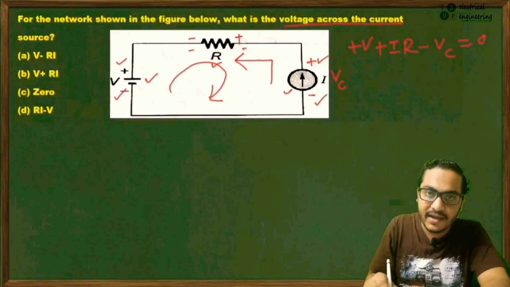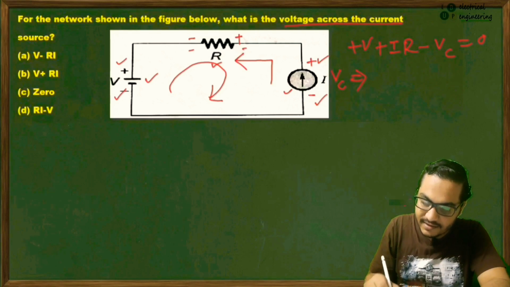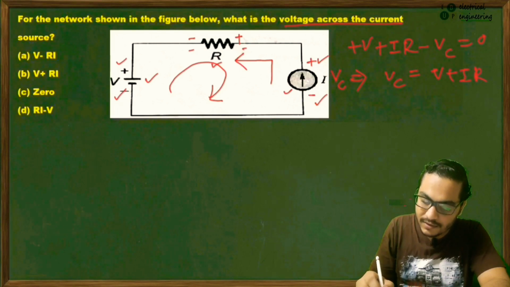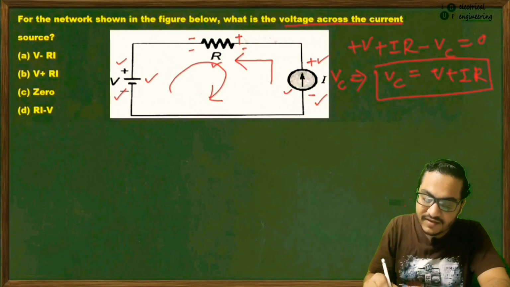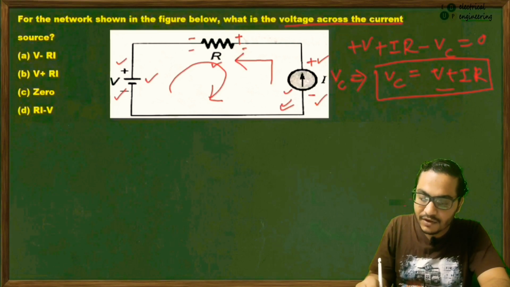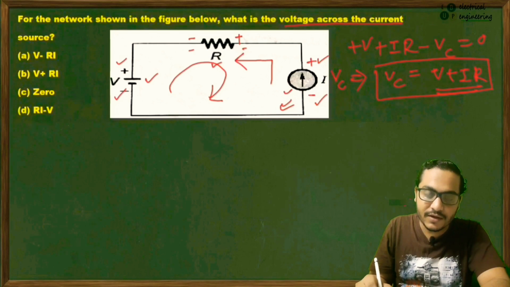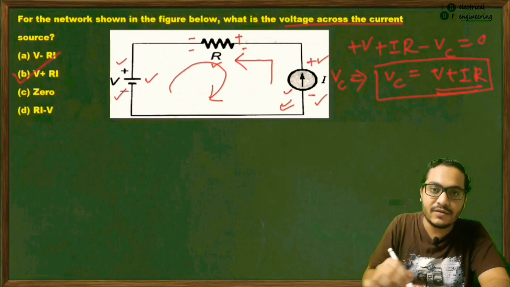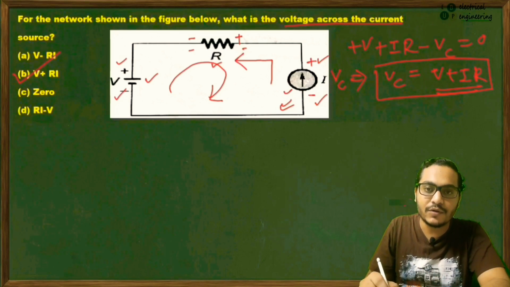By KVL, Vc equals V plus I into R. So the voltage across the current source will be equal to V plus IR. So option B is the right answer. Now let's move on to the next question.